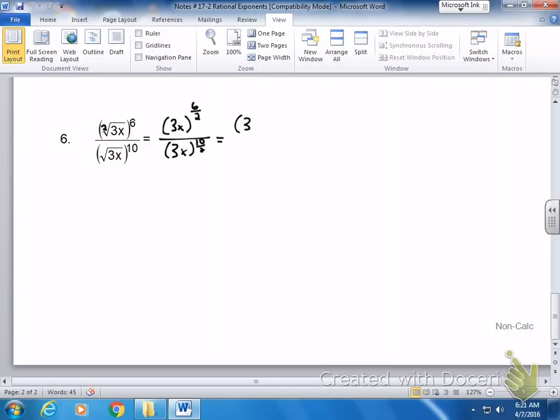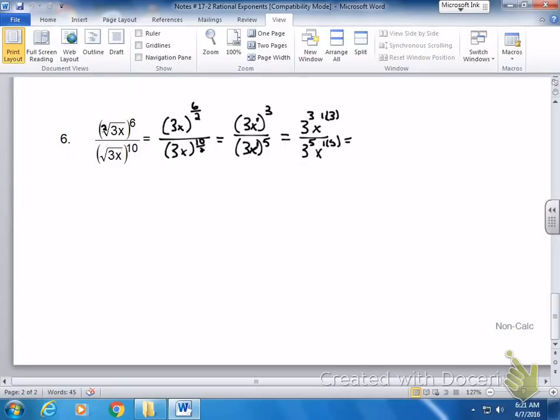This is really 3x cubed over 3x to the 5th. So since I have 1s on those x's, I can bring those exponents in. I just have to raise everything to that power. So I have 3 to the 3rd, x to the 1 times 3, over, I'm going to put parentheses so it looks better, 3 to the 5th times x to the 1st times 5.